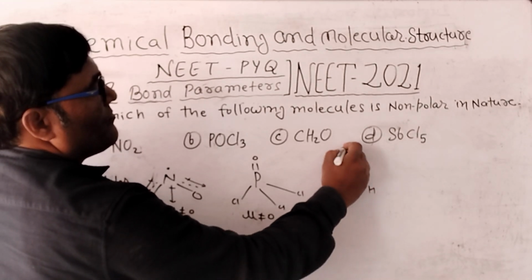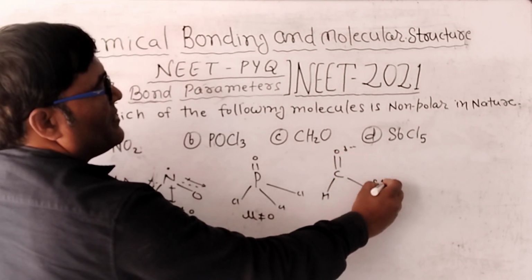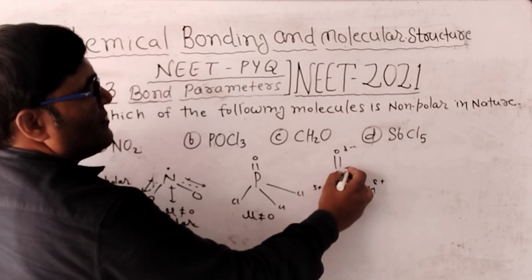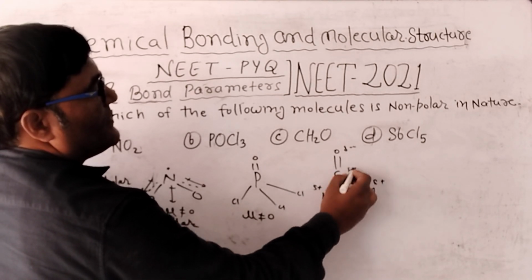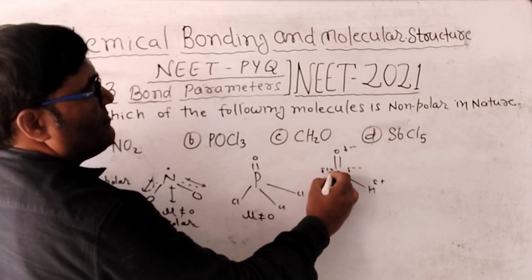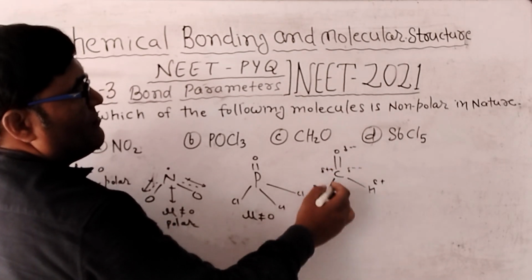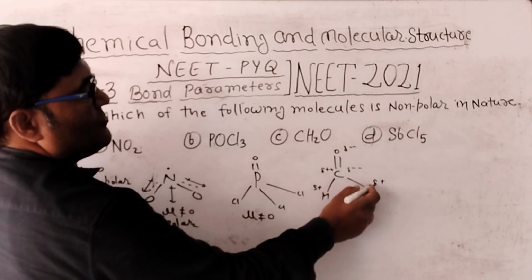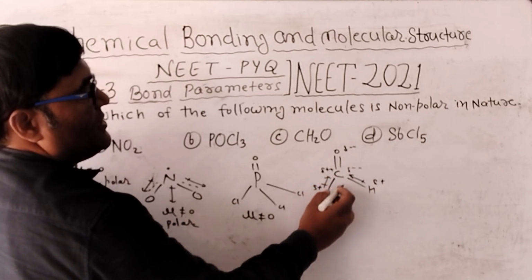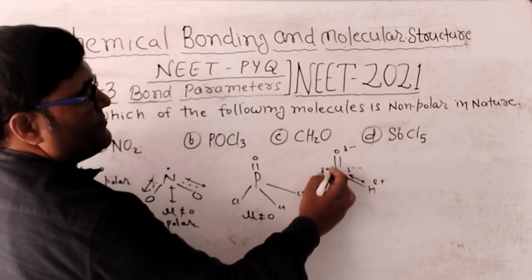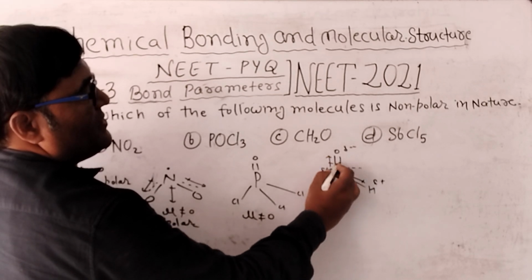CH2O, delta double minus, delta plus. The direction of dipole is positive to negative, so positive to negative and positive to negative.